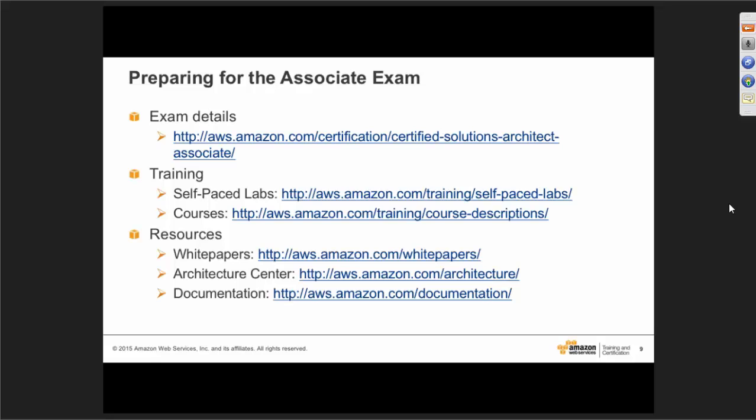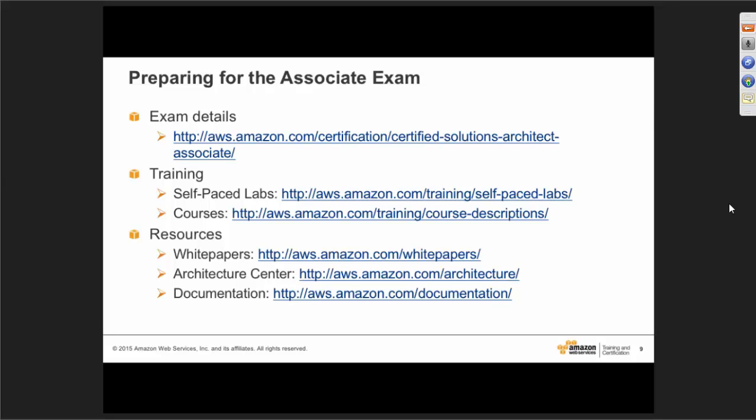Furthermore, the self-paced labs are often a good way to get into AWS and get your hands dirty with the console if you don't have access via other means. The nice thing about the self-paced labs is that there are labs specific for certificate preparation, and so it will go through things like, let me walk you through all the pieces of a VPC.